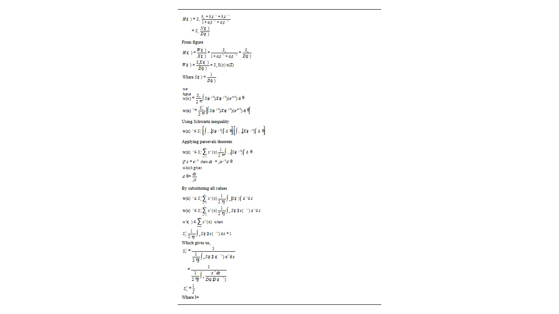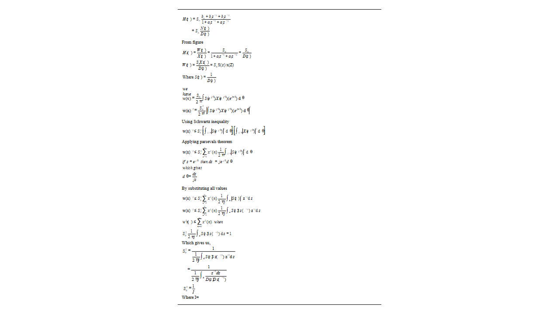So w(n) squared is less than or equal to S0 squared summation x squared of n, 1 by 2πj contour integral S(z) S(z^-1) z^-1 dz.